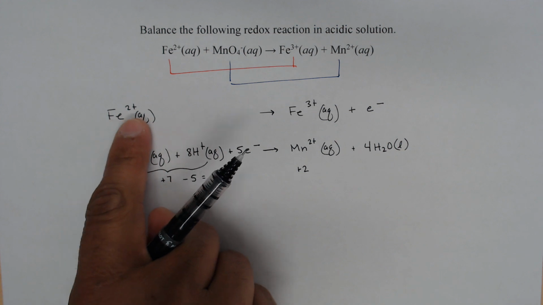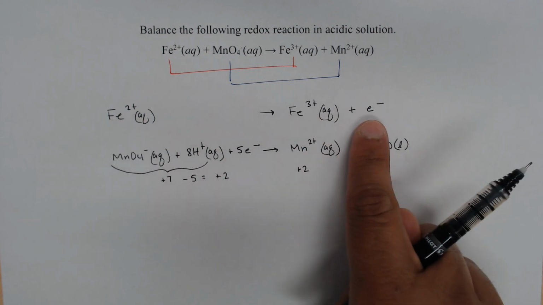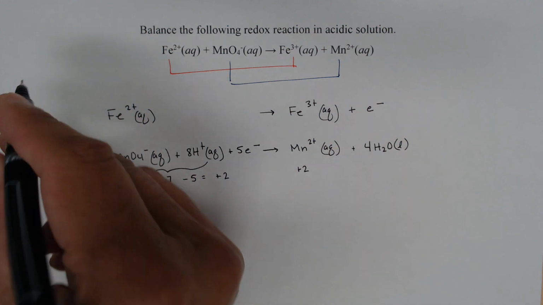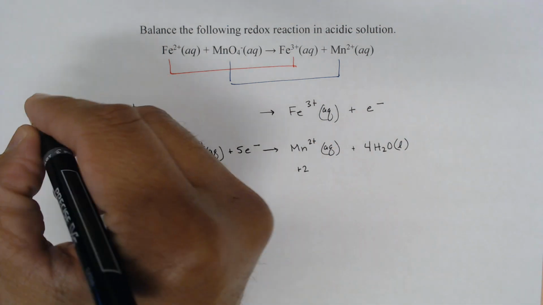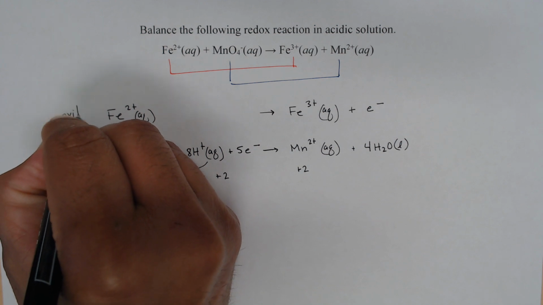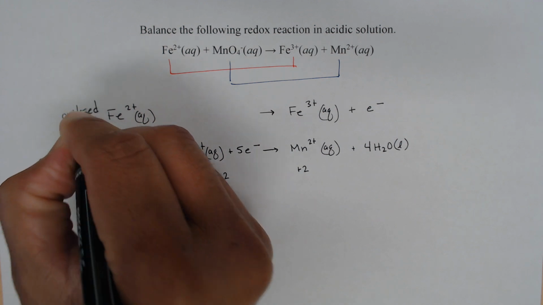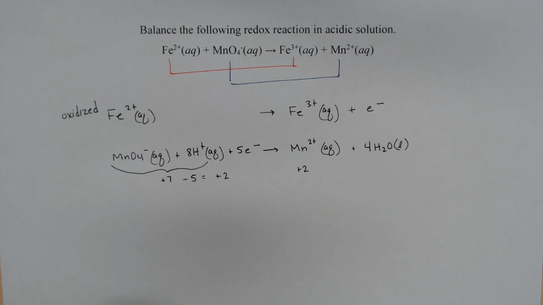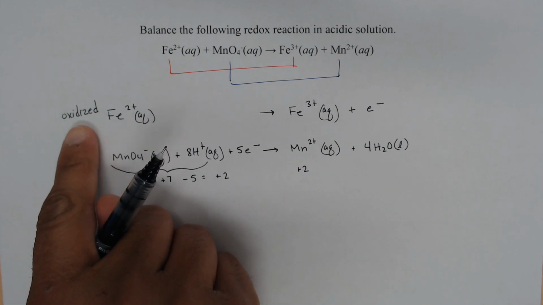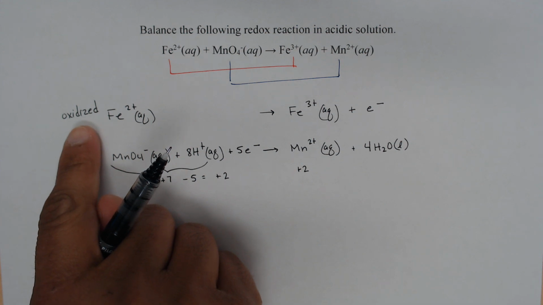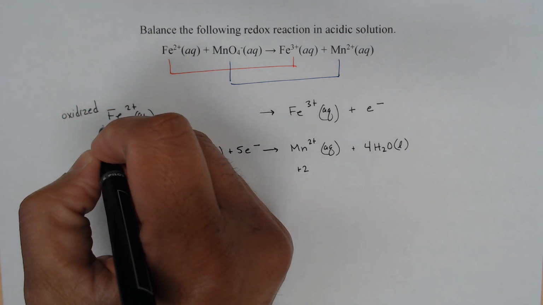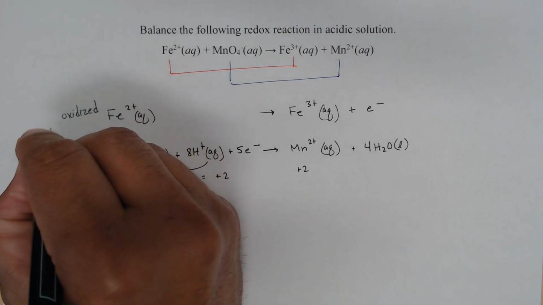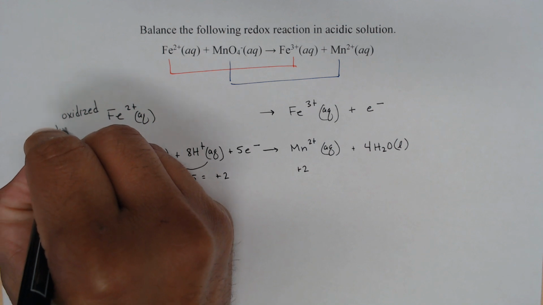That means that the Fe2 plus is losing 1 electron. So the Fe2 plus is being oxidized. The Fe2 plus oxidized means it's losing electrons, and that means it's reducing something else. And so the species oxidized or losing electrons is also called a reducing agent.